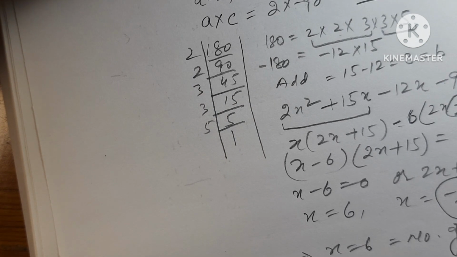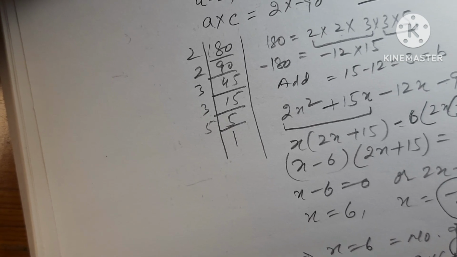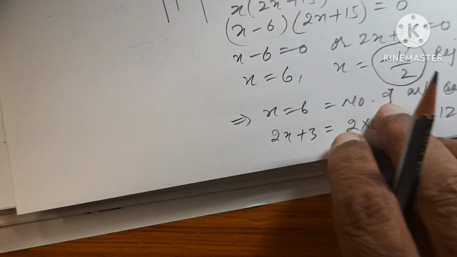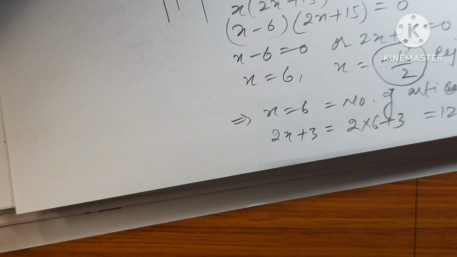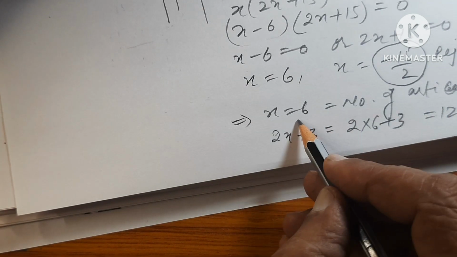And the cost of production, 2x plus 3, means 2 into 6 plus 3, is equal to 12 plus 3, which is rupees 15. Rupees 15 is the cost of production and the number of articles is 6.